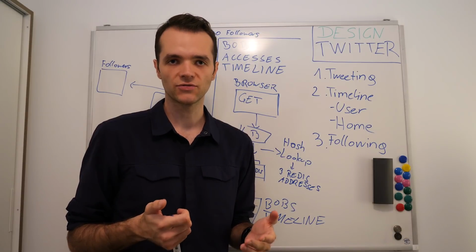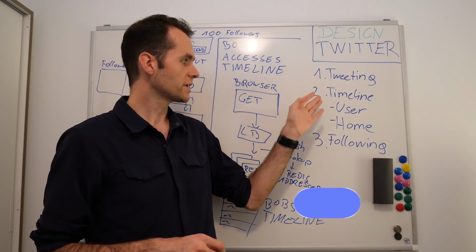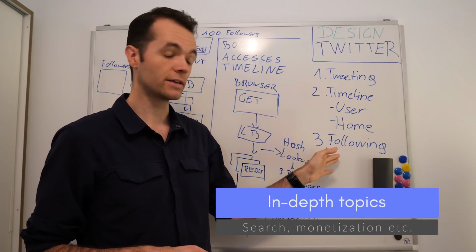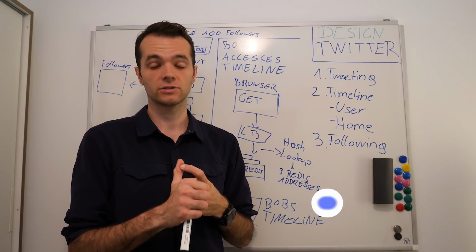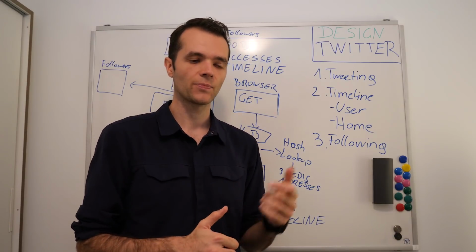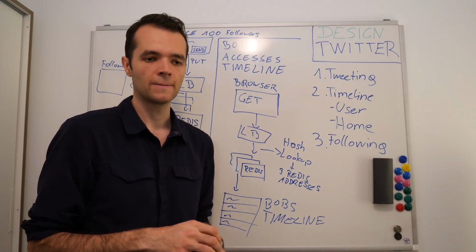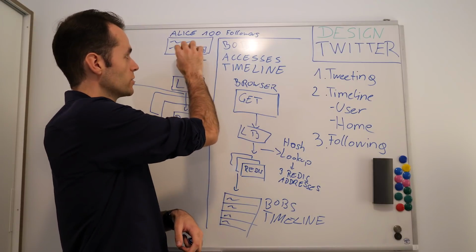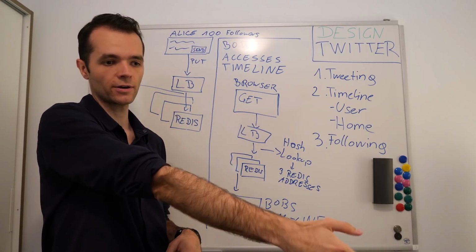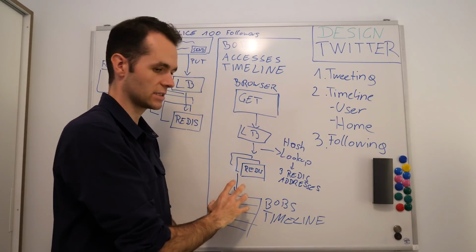Now, a couple of interesting follow-up topics for this interview question. We treated tweeting, timelines, and following, but what you could also talk about is search. And in reality, in this talk I mentioned in the beginning, and I will link to it in the description of this video, the search pipeline when a tweet gets sent to Twitter is totally independent from this home timeline stuff.